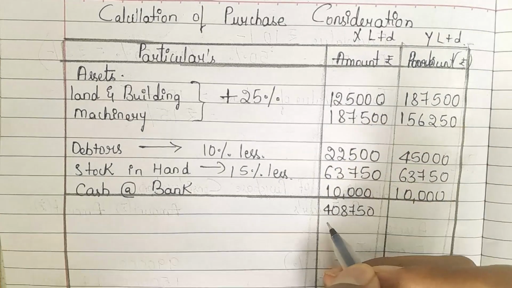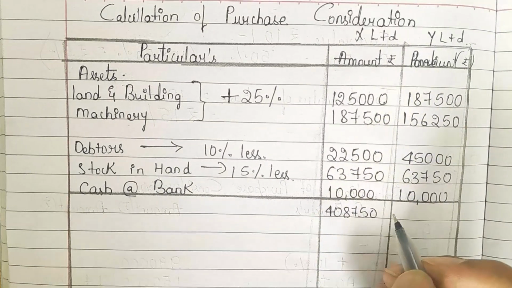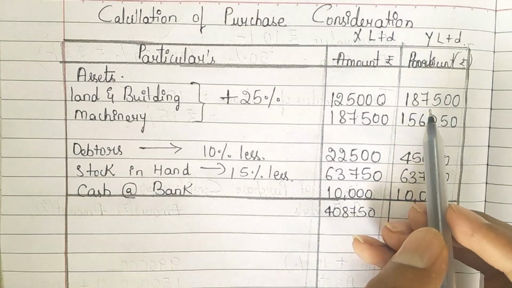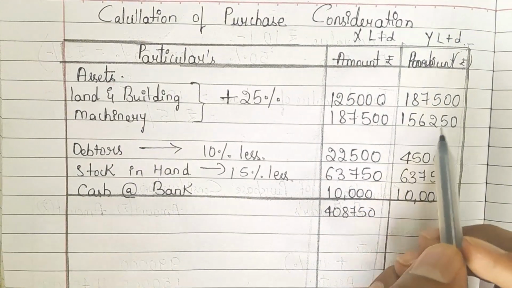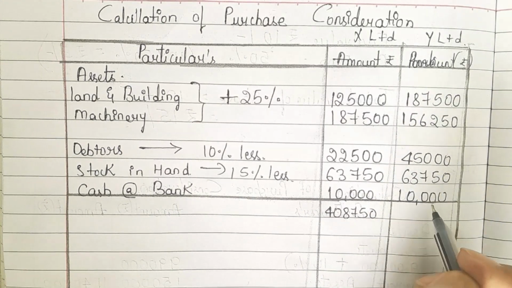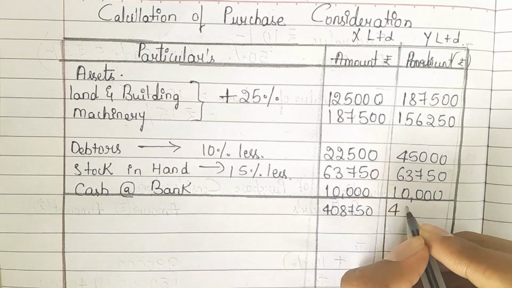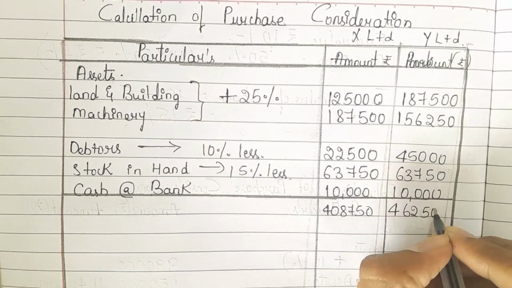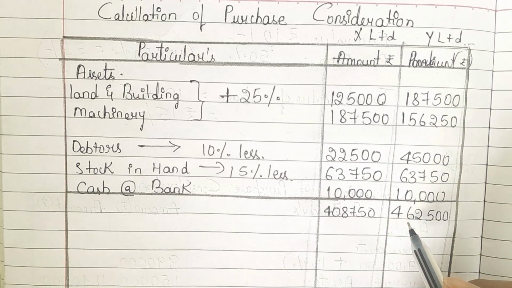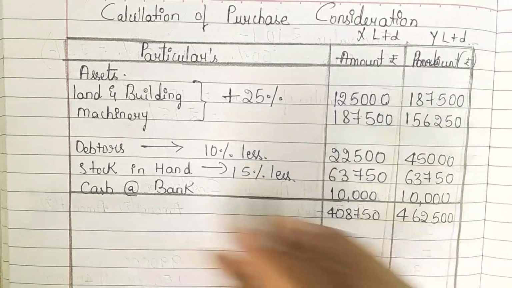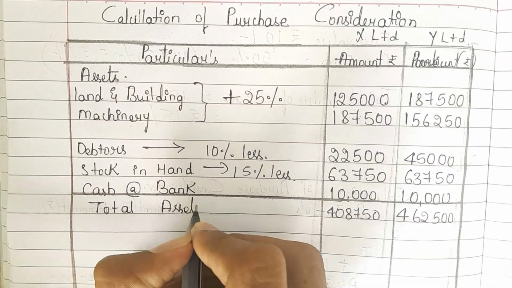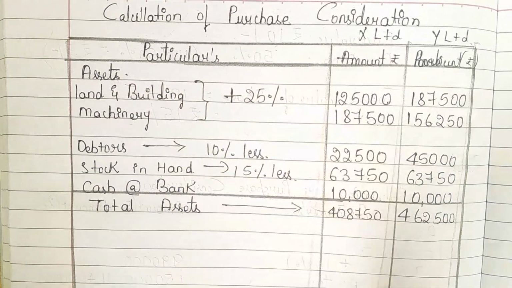Next, when you add 1,87,500, 1,56,250, 45,000, 63,750 and 10,000, you will get 4,62,500. These two are total assets.